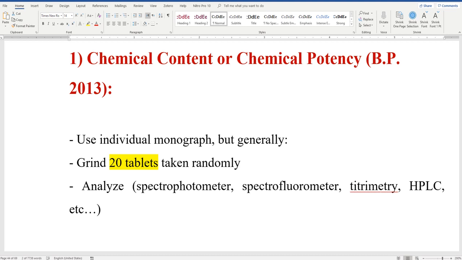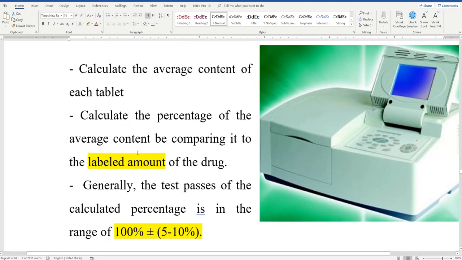Now, practically you need to test that by a certain method. And then calculate what is the percentage of practically what you observed, okay, according to your analysis, and what is being claimed on the package.